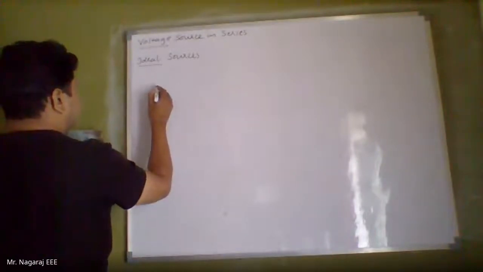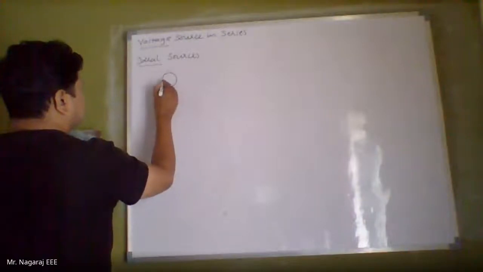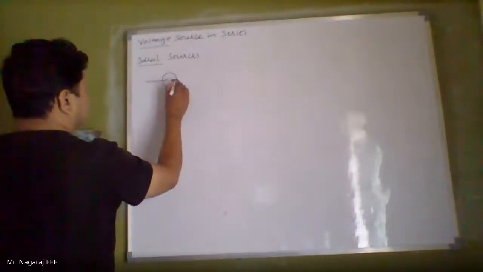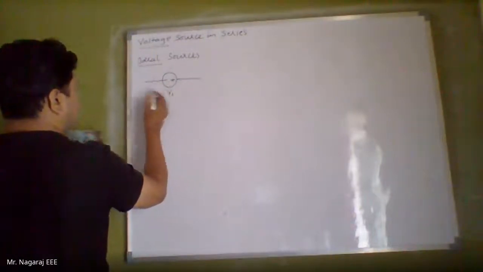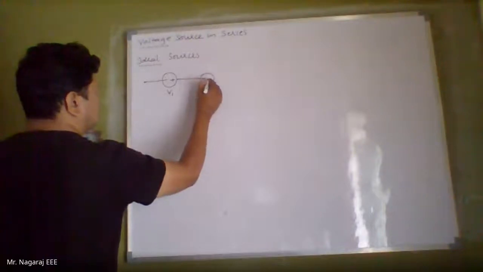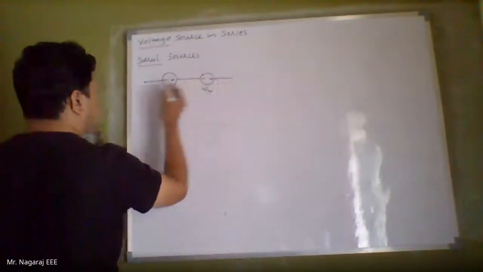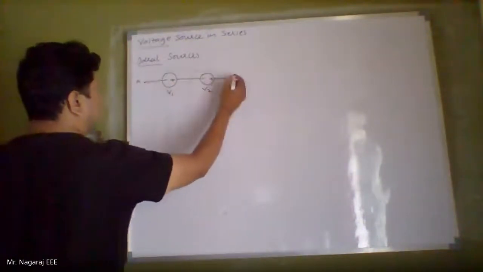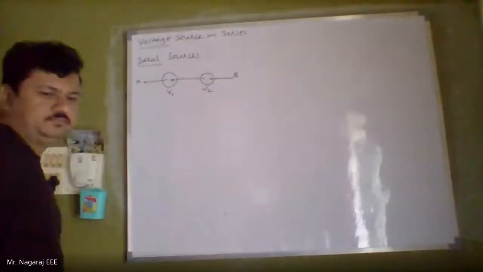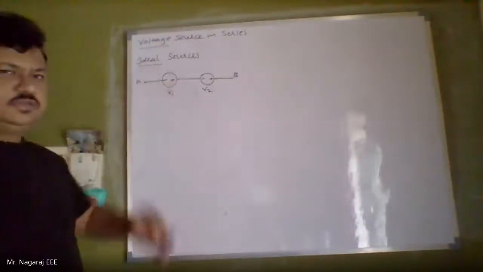Now suppose I have two ideal voltage sources in series. Let this be V1, let this be V2, and let these terminals be A and B. You can draw it vertically also, there is no harm.